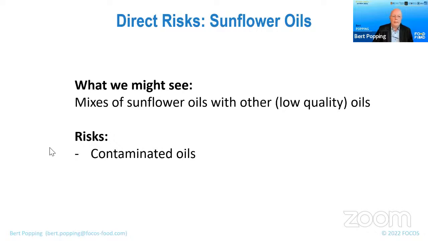From the oils perspective, we will see presumably sunflower oils mixed with other low quality oils, or even the replacement oil. So in this case, it could be soybean oil, or it could be canola oil being adulterated itself, because there will be a shortage of those oils as a consequence of trying to replace the sunflower oil. So there might be contaminated oils.